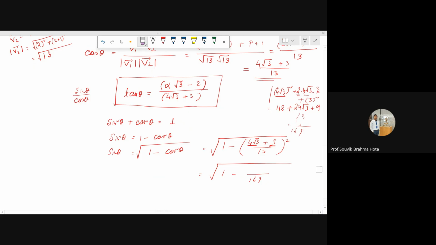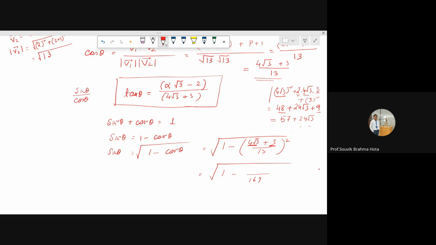Okay. Now what should we do? We can calculate it. 48 plus 9 is 57, and 24 root 3.